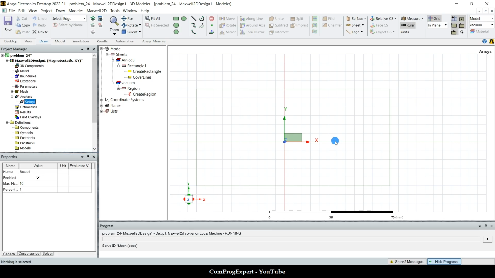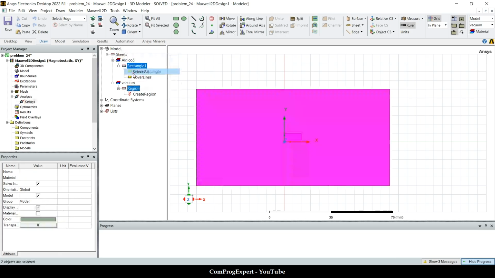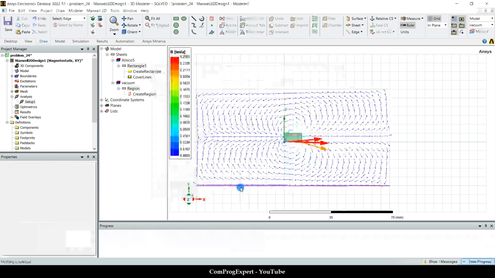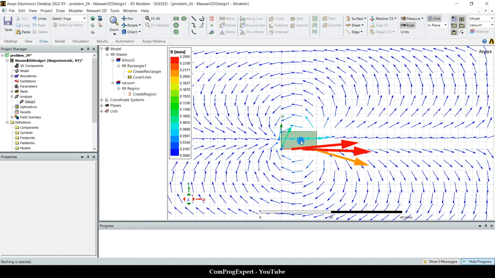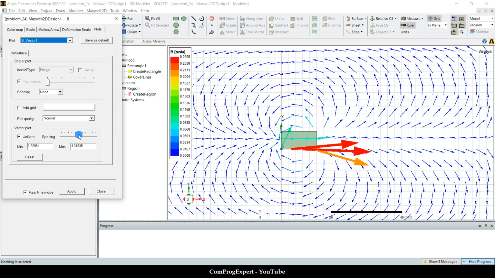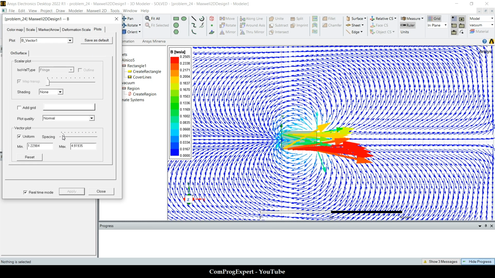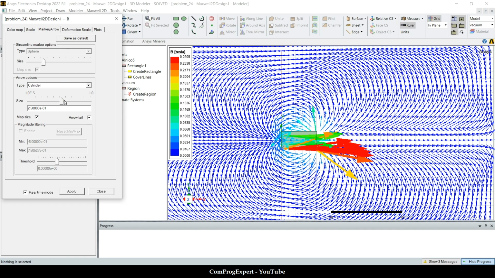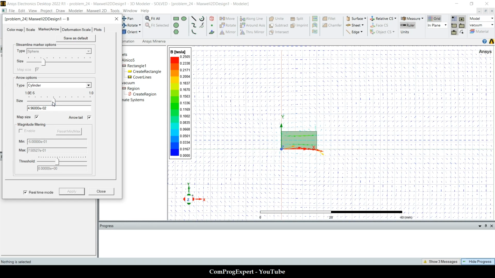Now we can calculate the magnetic flux density vectors. So here, B, you can see the field generated by this magnet. Let's reduce the spacing and also reduce the size of the vectors.